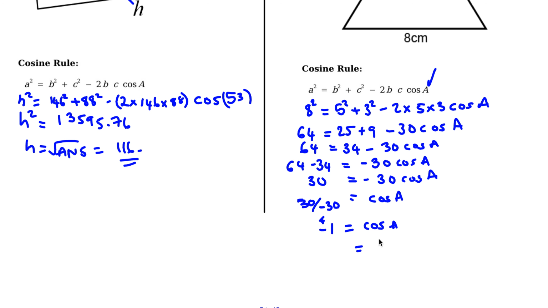And to take cos to the other side, you're going to do shift cos. That will give you a, and a equals, you shift cos, and you put minus 1 in your calculator, you'll get 180 degrees.